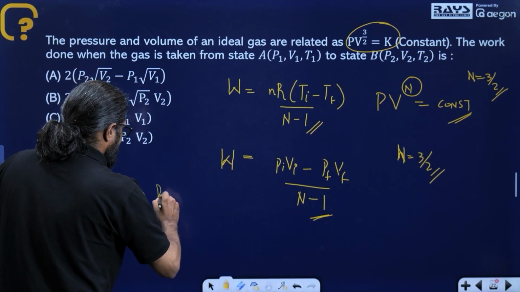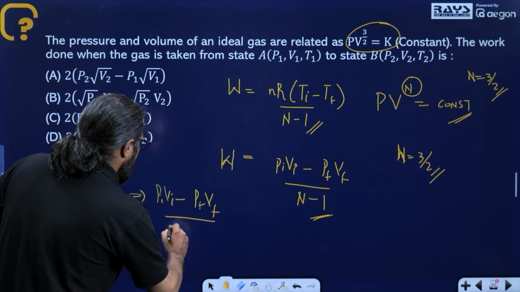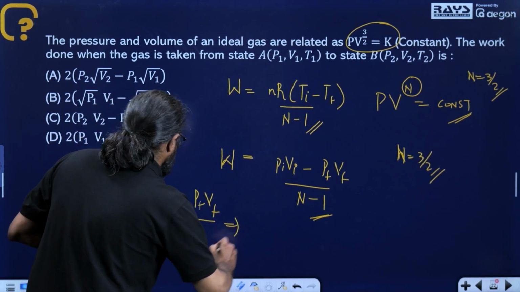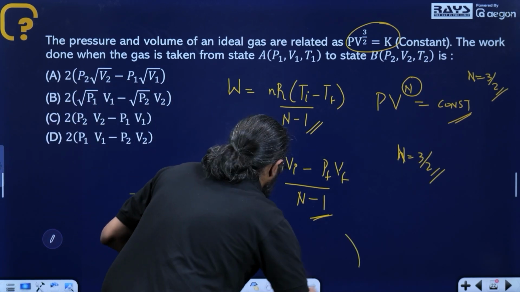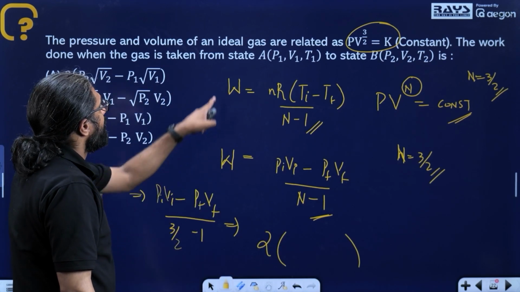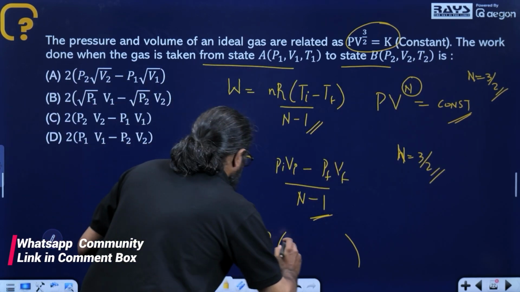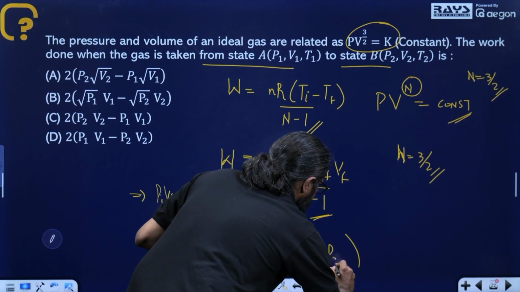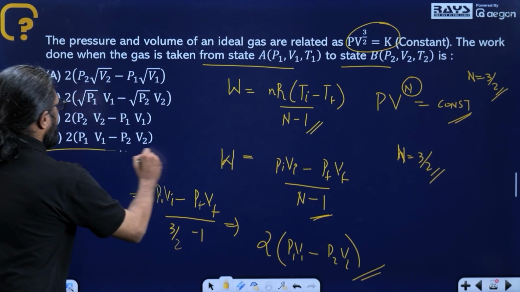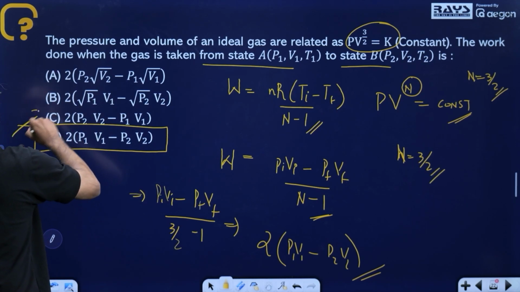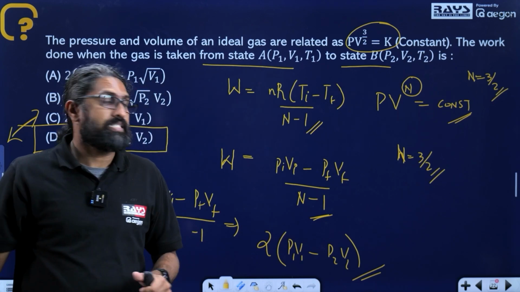Makes it P initial V initial minus P final V final divided by 3 by 2 minus 1, that is equal to 1 by 2 here. 2 goes up. 2 into P initial V initial minus P final V final. Here, 1 is the initial, 2 is the final. So we have P1 V1 minus P2 V2. This is the answer. Option D is the correct one. 2 times P initial V initial minus P final V final. That's how we do it.